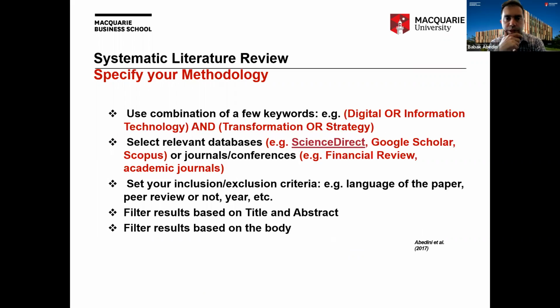So step 2 is to specify your methodology. Here, I identify a combination of a few keywords. So I can use digital. What else can I use? I can also say information technology. Now, this is what I have found from the literature. One person may say digital or technology, only technology, not information. Or someone could say digital or internet.